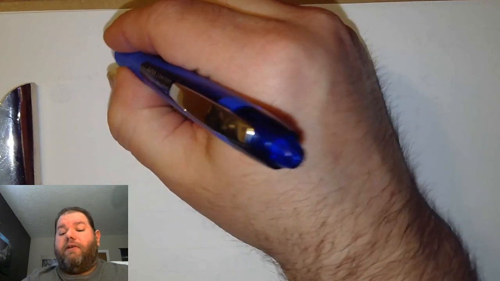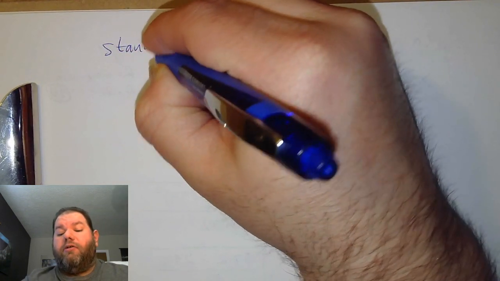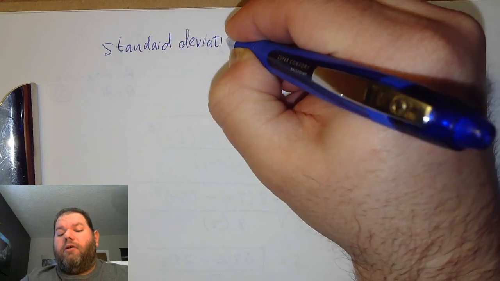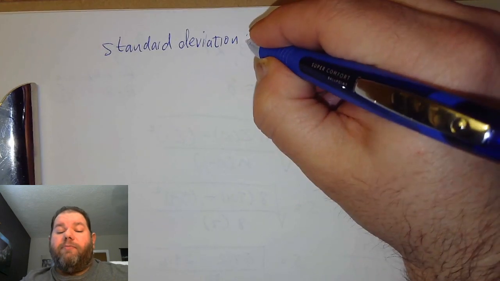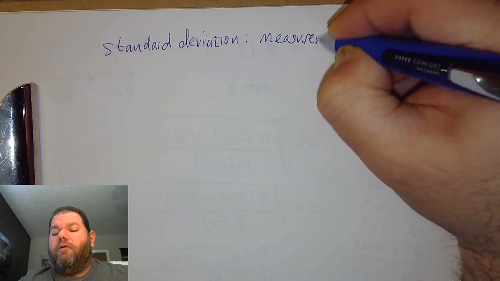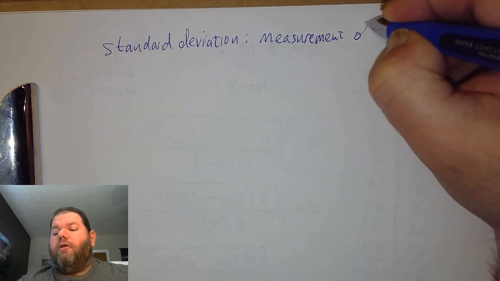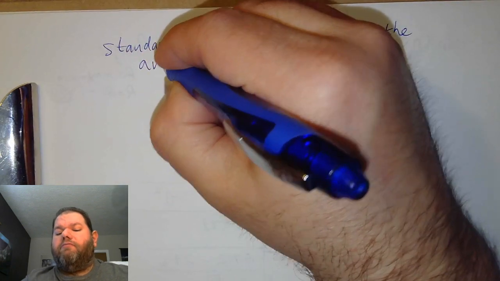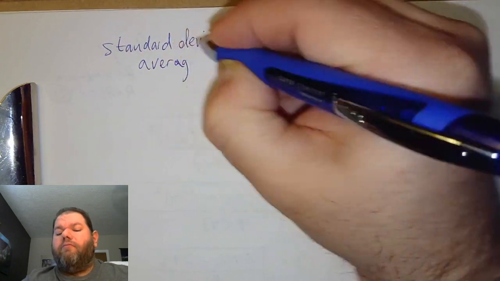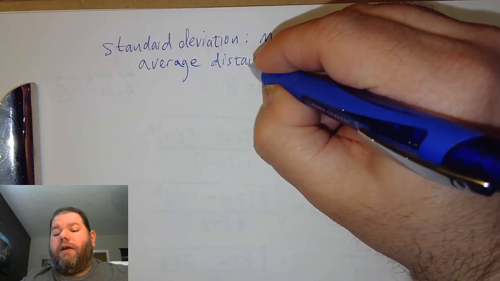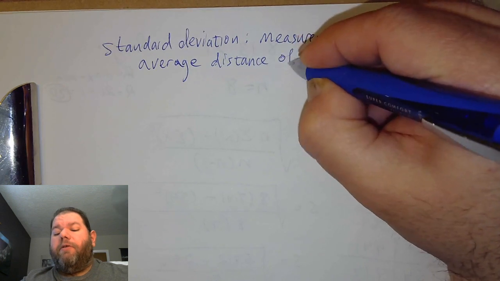So before we do our next example, let me mention that standard deviation we can call a measurement of the average distance of each data value from the mean.